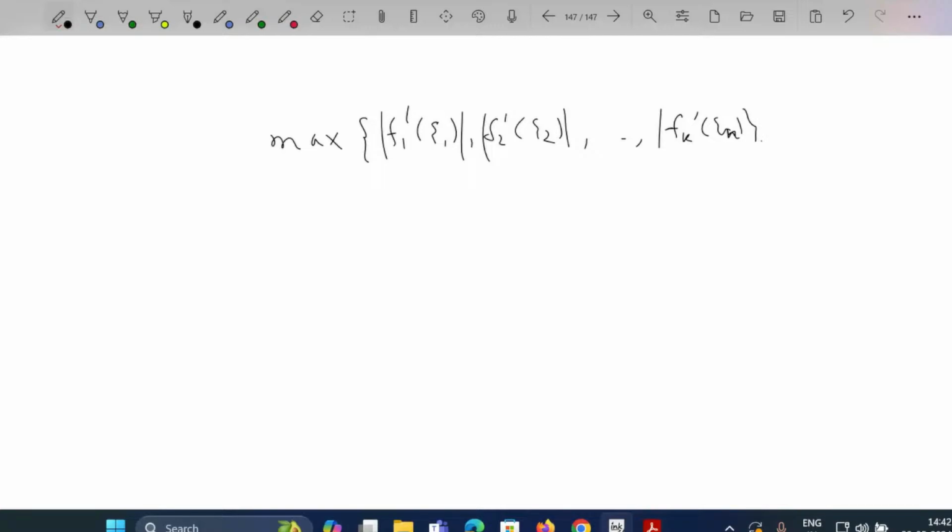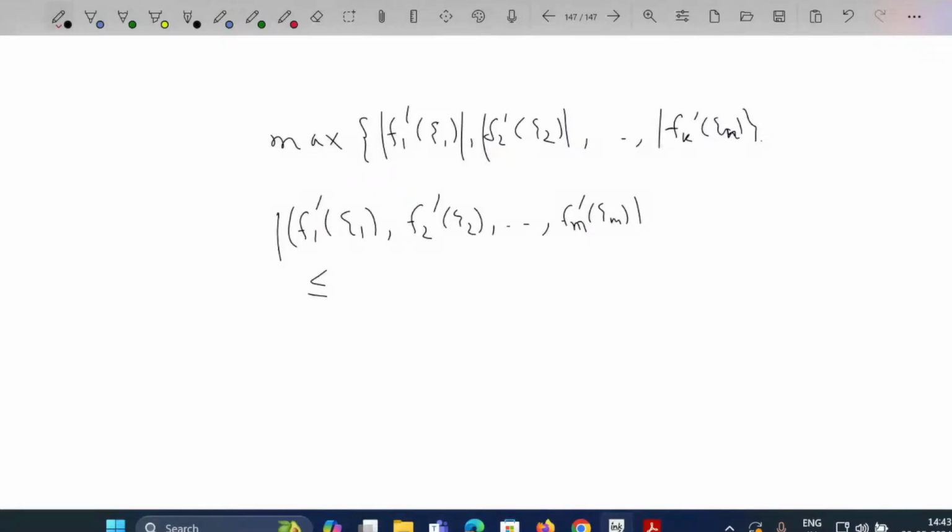The modulus of the vector (f1 dash of zeta, f2 dash of zeta, and so on). This value is less than or equal to, this value is equal to. So for some zeta, this entire thing will attain a maximum value.